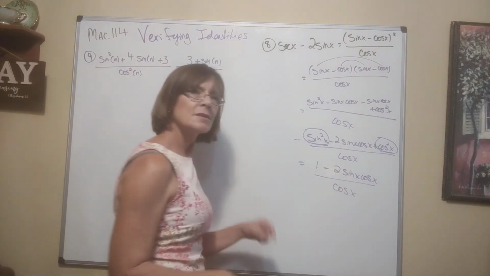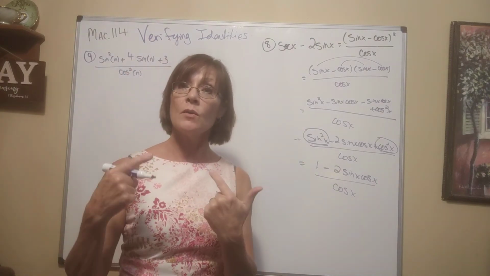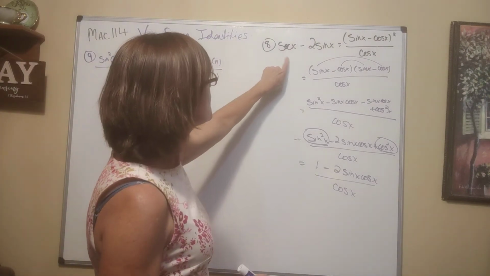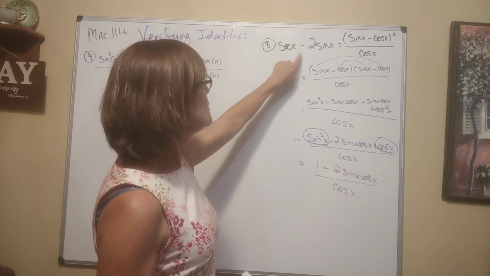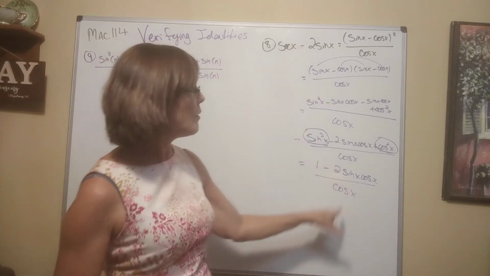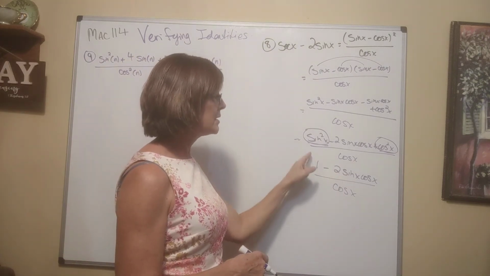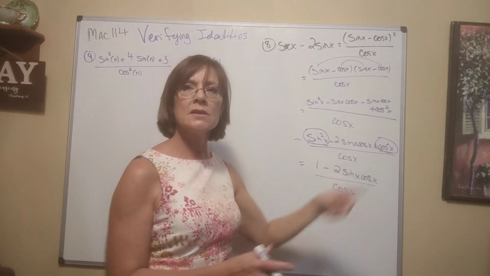Now, at this point, I'm like, okay, what am I trying to make it look like? So this is where I look at what it's supposed to look like. It's supposed to end up looking like secant of x minus 2 sine x. And when I look at that, it kind of makes me think, oh, I see something I could do here. I can divide this denominator into each term separately. I can split this.